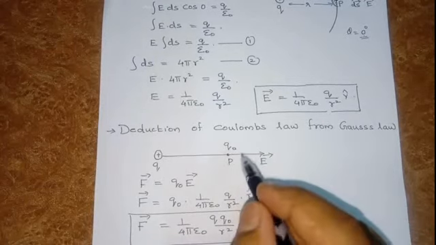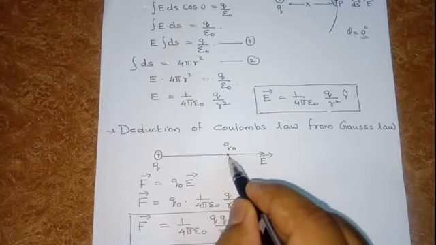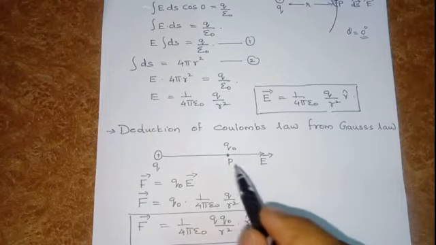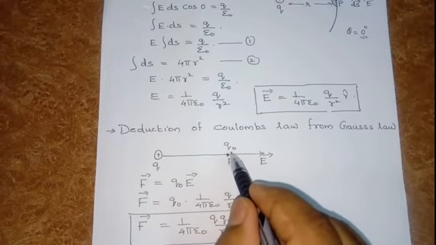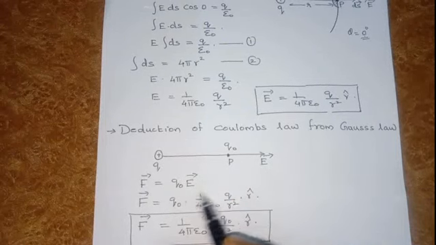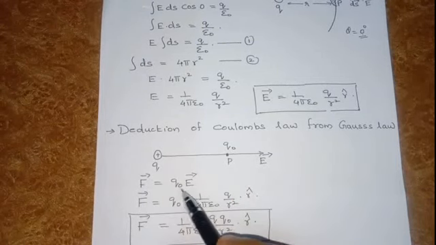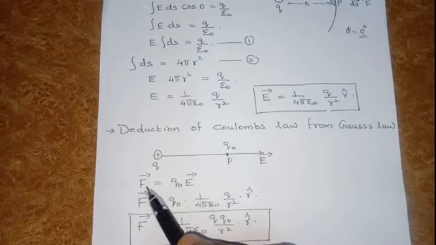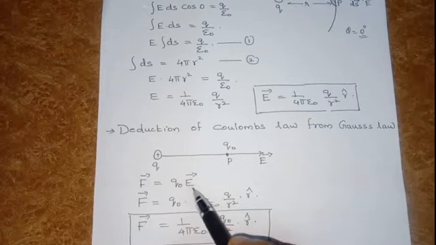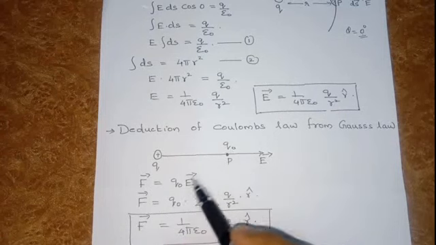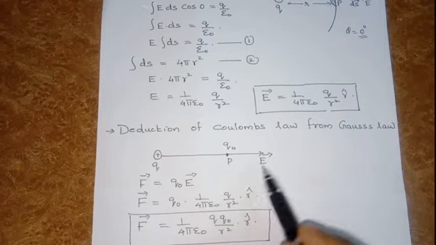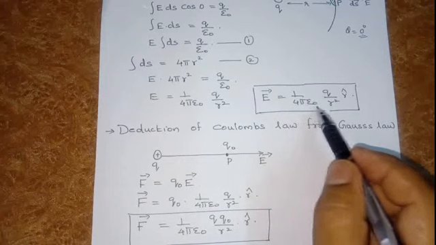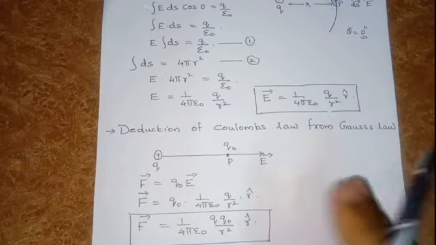Now I am going to place another charge Q0 at this point P. Now the charge Q0 experiences a force. We already studied F is equal to Q0 times E. Whenever a charge is placed inside an electric field, it experiences a force F is equal to Q into E. Here the charge is Q0, therefore Q0 times E. And E is already given 1 by 4 pi epsilon 0 q by r square into unit vector r.